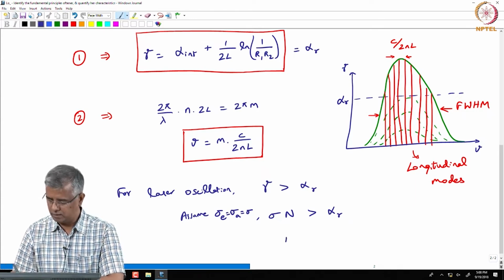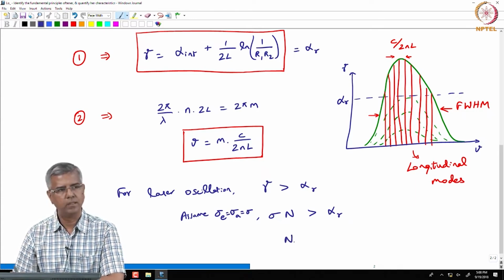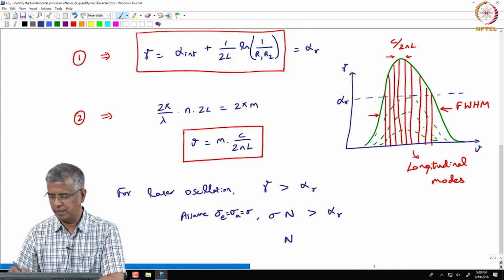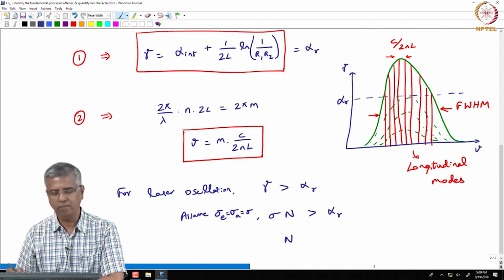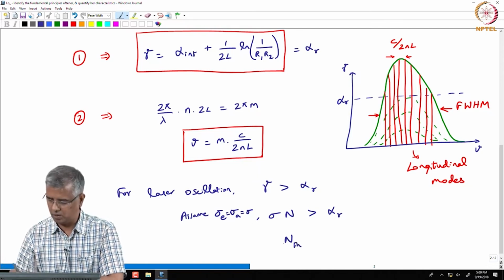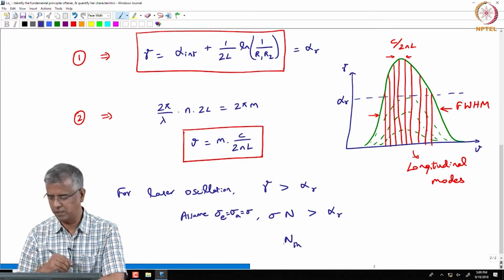So there is a threshold n, a minimum inversion that you need to have, which we can call the threshold inversion.